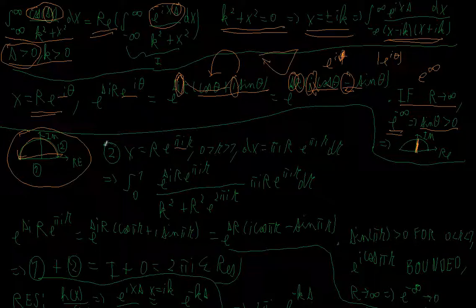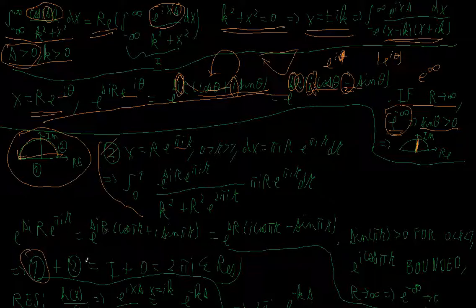So all these steps here that we're going to do, they come from this part here, because now we know which path we need to choose so that at the end you get an exponential decay, and so that we can eliminate the second part, and that we are only left with the first part, and then we can use the residue theorem, because our first part is equal to our original integral, and if the second part vanishes, our integral is equal to 2 pi i times the sum of the residues.